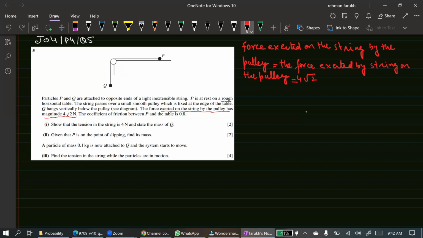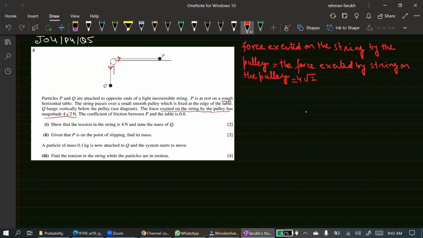It is given. Now, the string is exerting a force on the pulley, this string in this direction and this string in this direction. This is the tension in the wire, which exerts a force on the pulley.